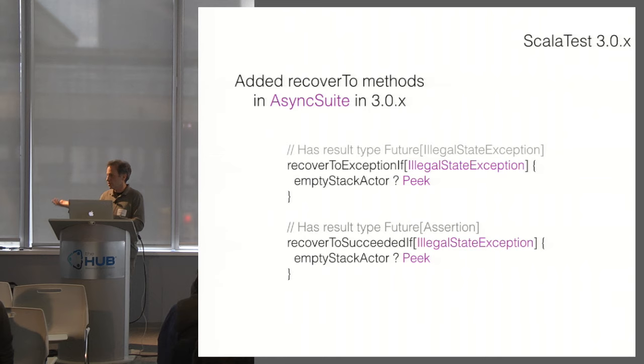It'll give you a TestFailedException that says, hey, I expected this exception, but I got that one, right? So you put a future inside that. And then recoverToSucceededIf is like assertThrows. It does the same thing, makes sure that the future fails with that exception. But if it does, it doesn't return it. It returns the Succeeded singleton, so that can end up at the end of a test if you want. So that's recoverTo.